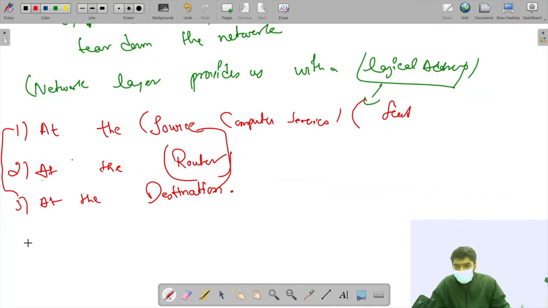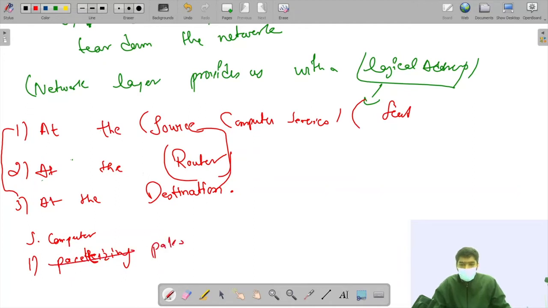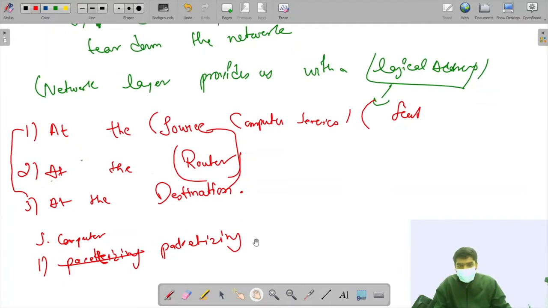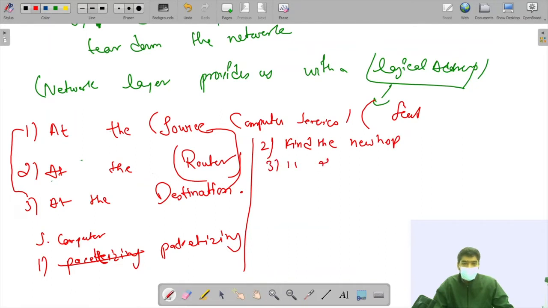There are mainly four services. Source computer services: first is packetizing, second is finding the next hop address, third is finding the MAC address, and the last one is fragmentation.